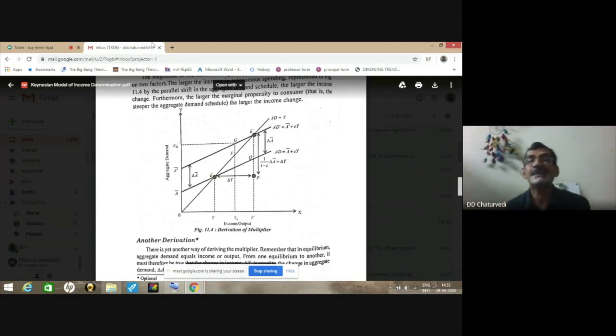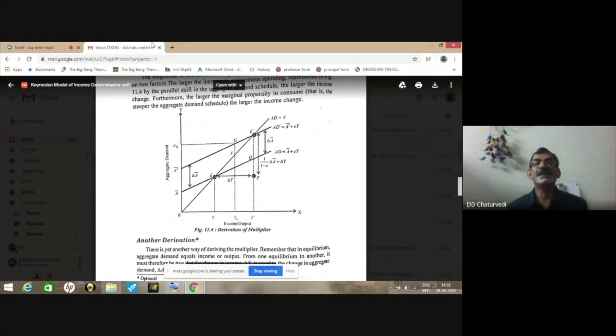Well, student, look again at figure number 11.4, where EP, the horizontal distance, is showing the change in income, delta Y, and the vertical distance is delta A bar.